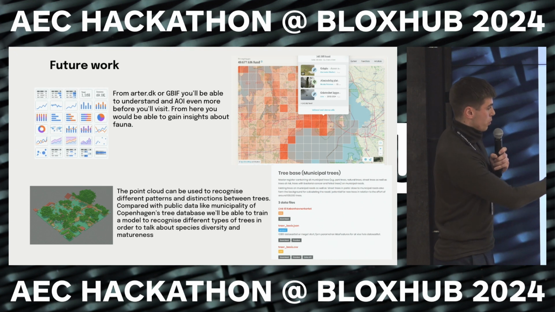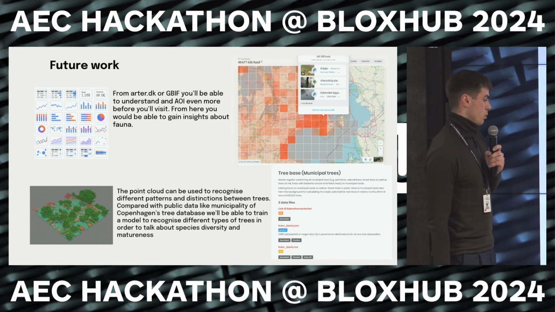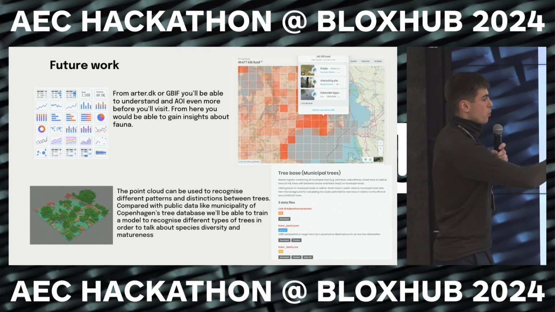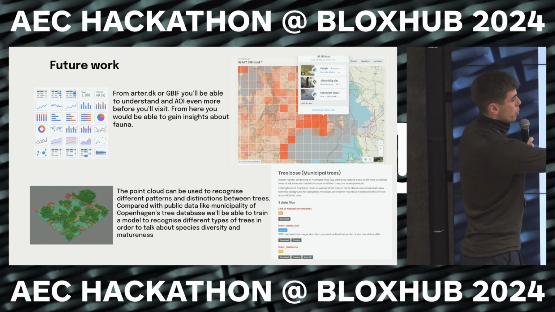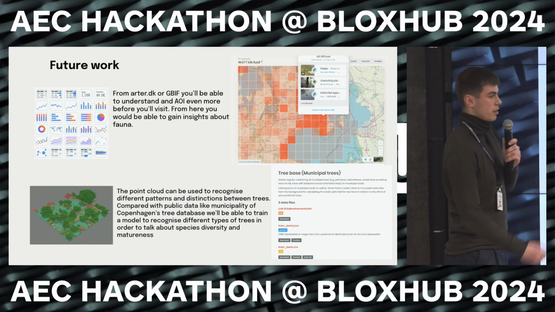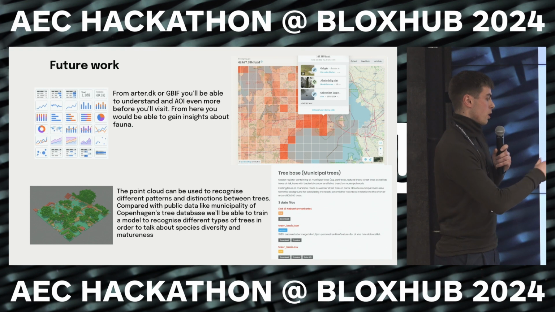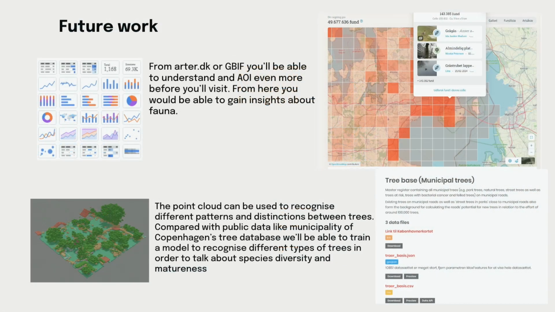We could also use the point cloud to visualize the trees, as you can see. The tree base from Copenhagen Municipality has a species list of all trees, so we could compare those and train a machine learning model to actually recognize which kind of tree is there in whatever area of interest the user would know something about before they go out.